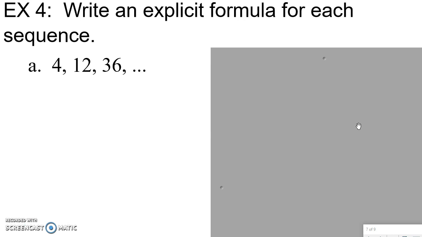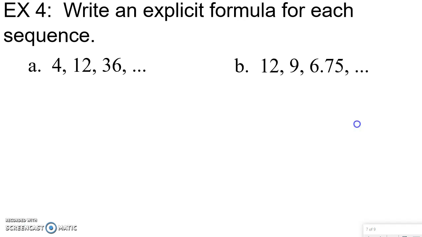Okay. So we're going to do these same sequences again, but this time we'll write the explicit formula. Alright, so that was a of n. It also could be a sub n, that's okay too. Equals a sub 1 times r to the n minus 1.